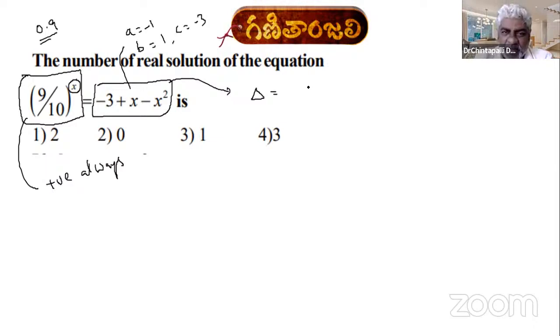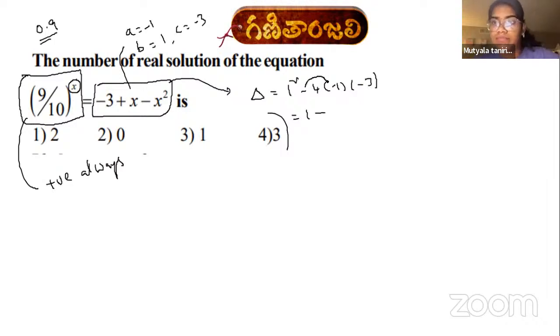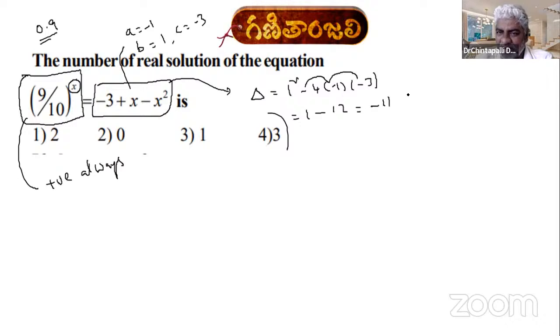See, what is the discriminant? B square means 1 square minus 4ac, 4 into minus 1 into minus 3, which is 1 minus 12, minus 11. It is negative.